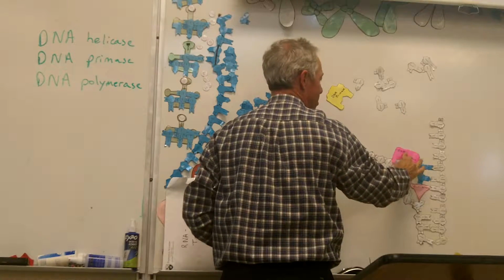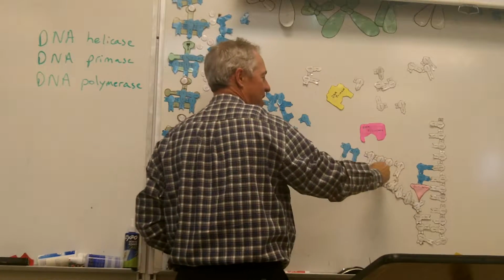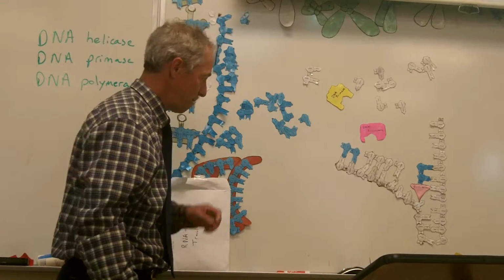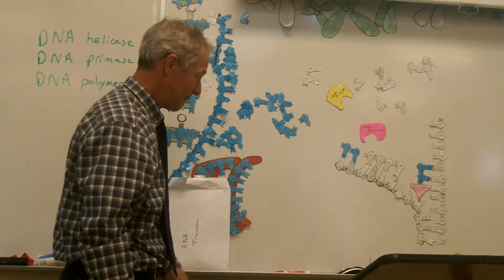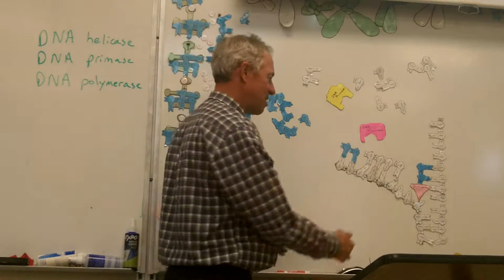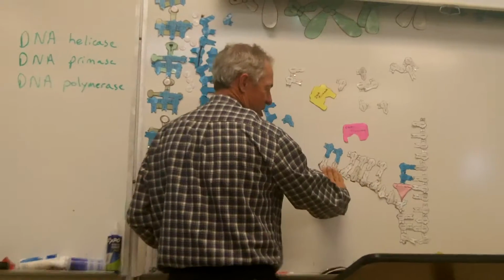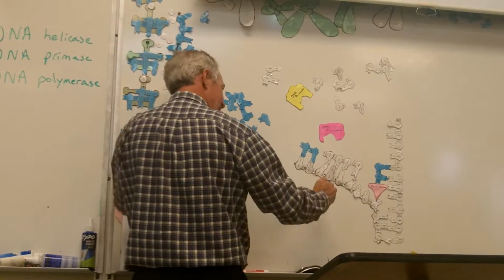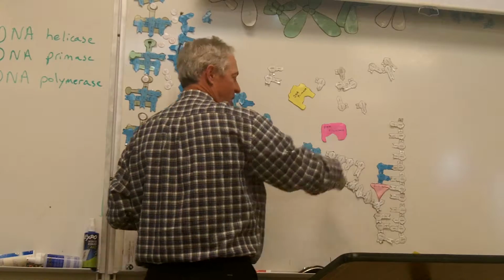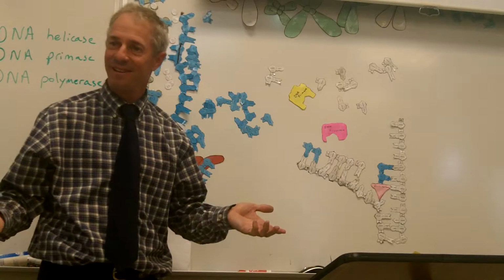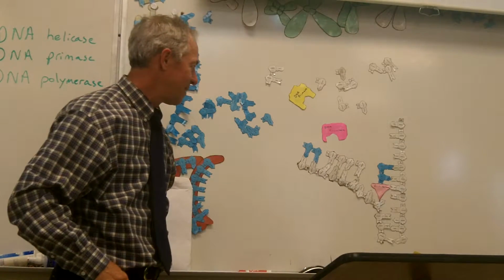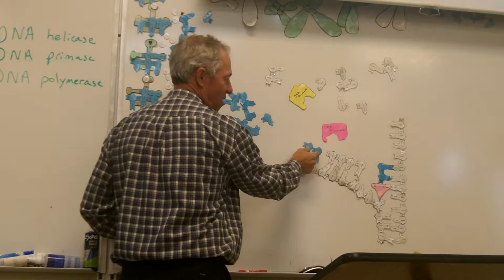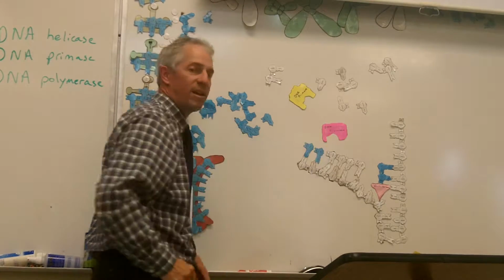Grab and attach. See how we're copying the DNA? So the polymerase copies the DNA. It takes the strand that's already there, and it adds on new nucleotides to the other side to get it copied. And the primase attaches this little RNA primer that we're going to remove later.